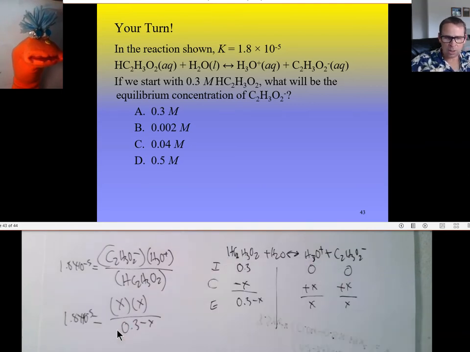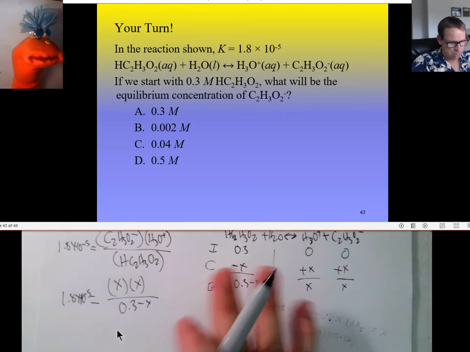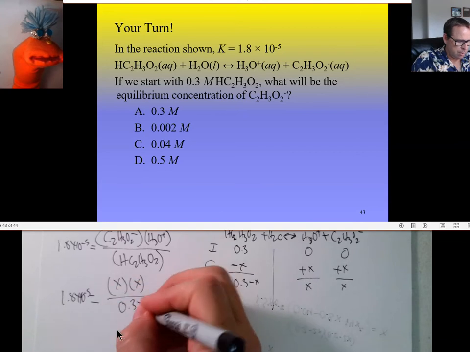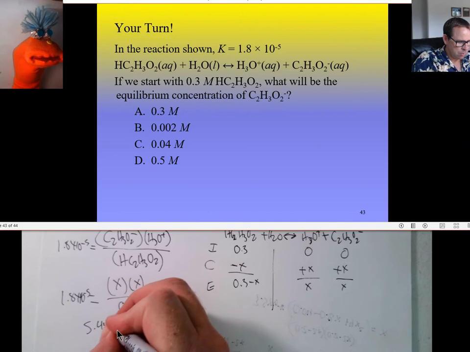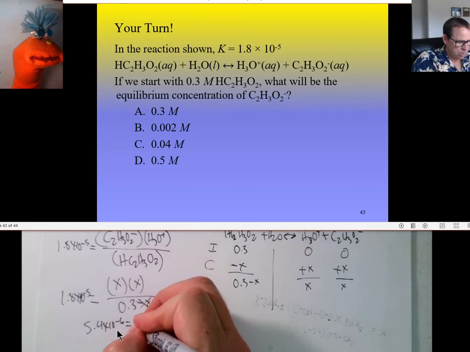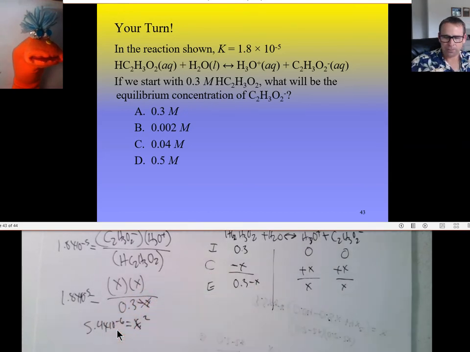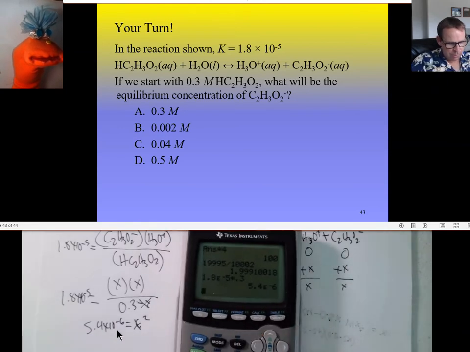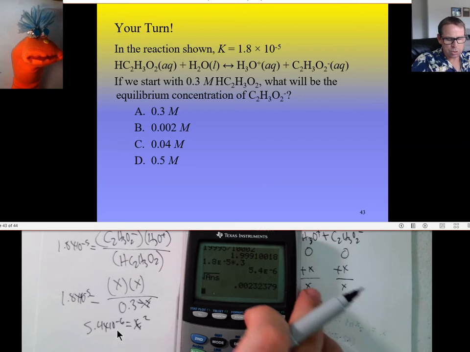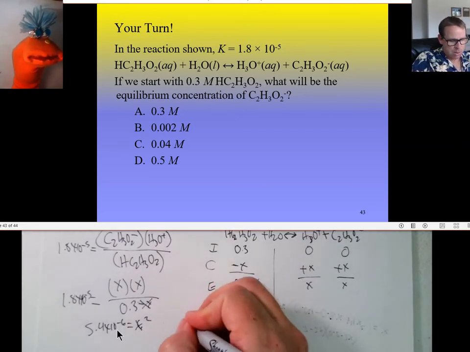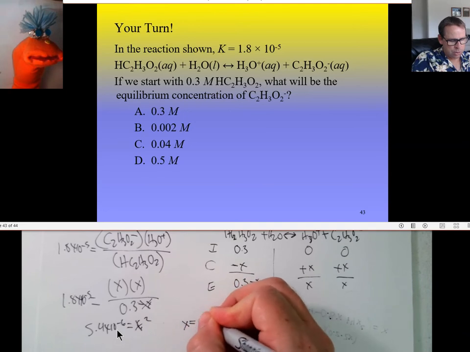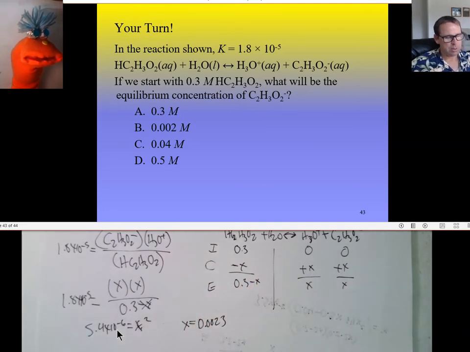That equals X squared, so we drop the minus X, multiply that by that, and that equals X squared. Now I take the square root of it, and I get X equals 0.0023. Now, is that the equilibrium concentration?